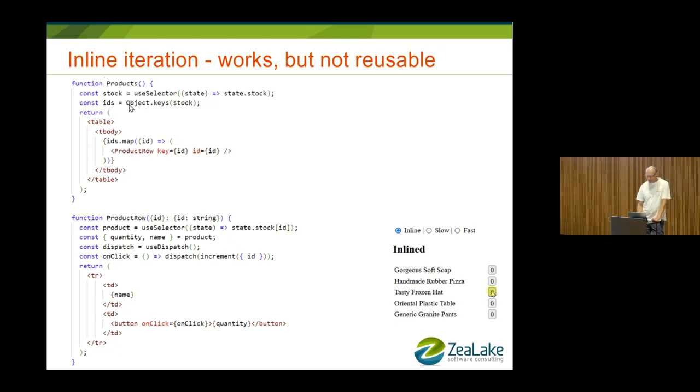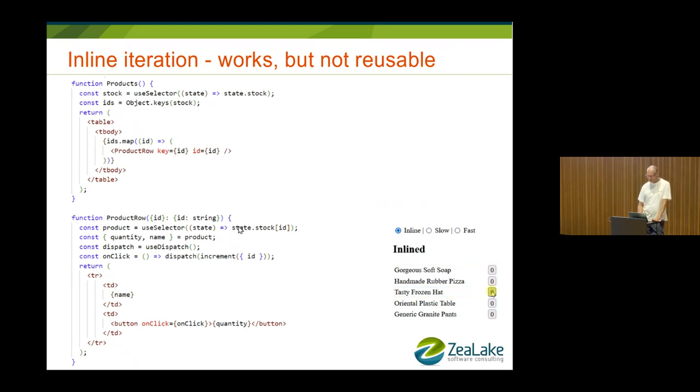So in this code, I use the Redux useSelector, which provides the reactive state management thing, and I render a table, and then I loop over all the IDs in the data and render a product row with that ID. And then the product row will also call useSelector to select just that row from the data.